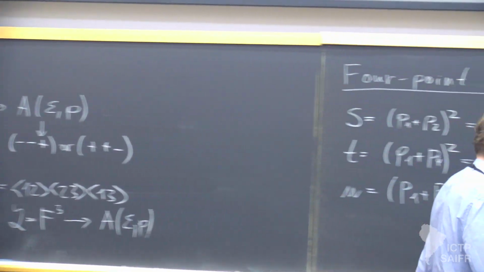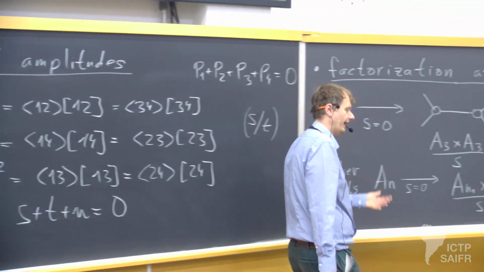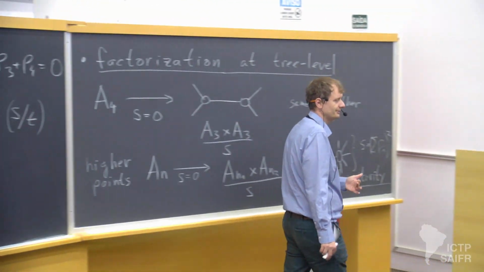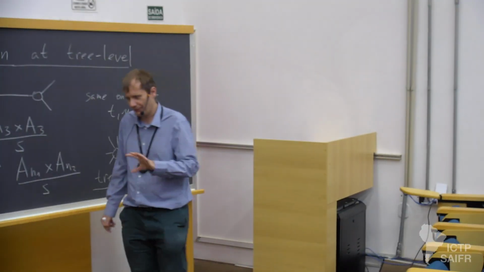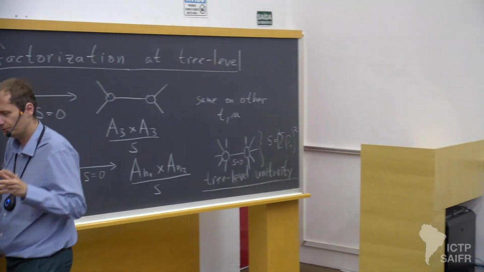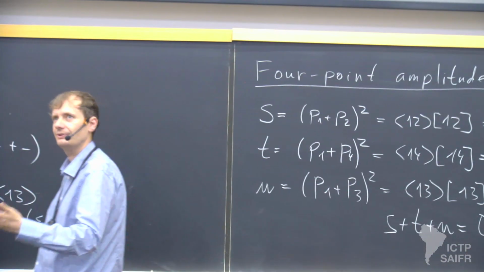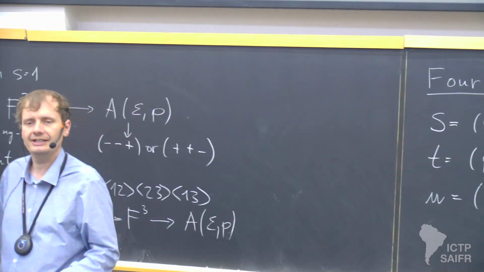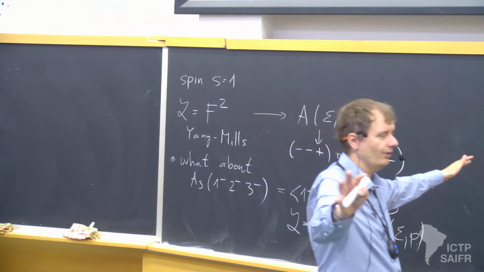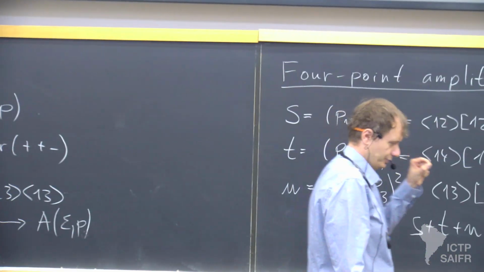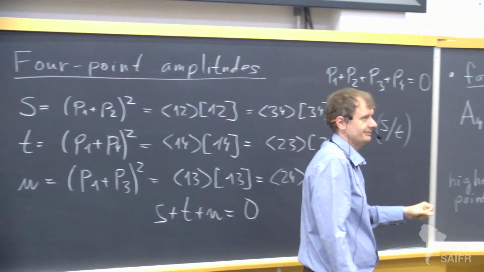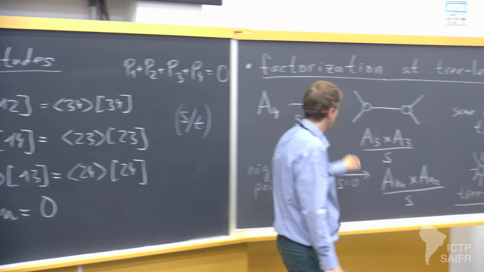But the statement here, you can actually even see it in Feynman diagrams. I don't want to use Feynman diagrams now, but sometimes it's good to have it in the back of your mind to prove certain statements which come just from QFT in general, directly at the level of Feynman diagrams. If you consider all Feynman diagrams, you look at one given propagator in all of them and you put it on shell.